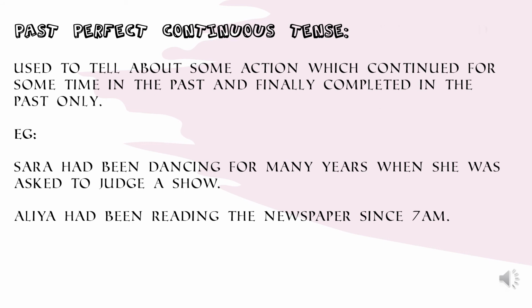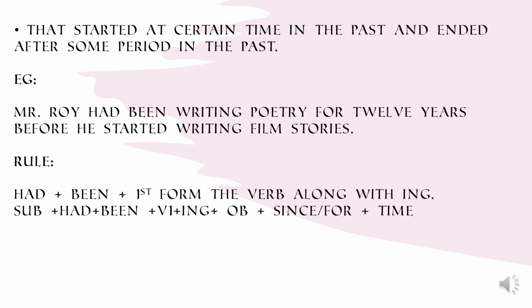Okay, and that started at a certain time in the past and ended after some period in the past. Example: Mr. Roy had been writing poetry for 12 years before he started writing film stories. So these sentences show the past time and finally completed in the past only.